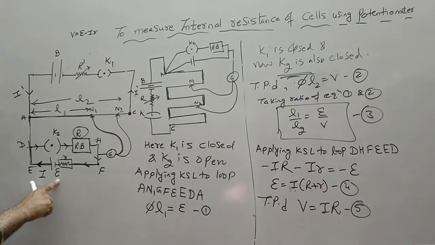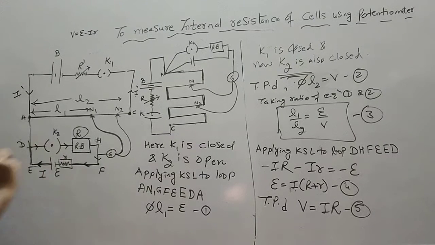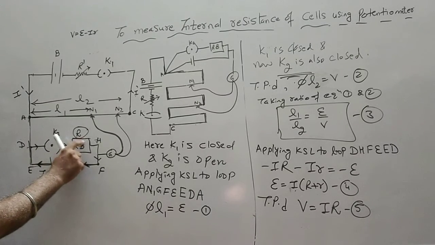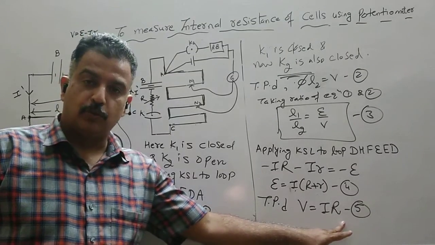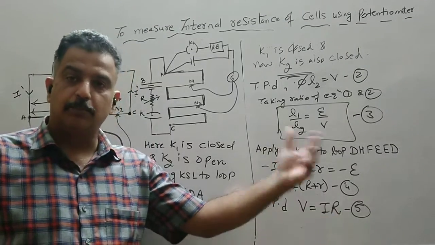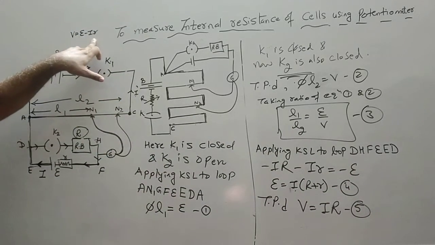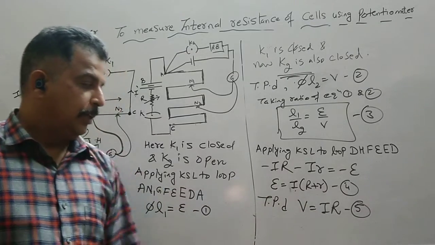If this EMF is 10 volts, and I apply Ohm's law here, I into small r, comes out to be say 1 volt, so the voltage available is 9 volts. Or directly I into R comes out to be 9 volts, or E minus Ir also comes out to be 9 volts. That is the terminal potential difference.